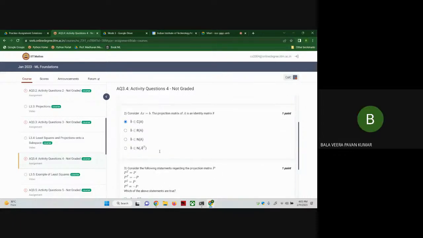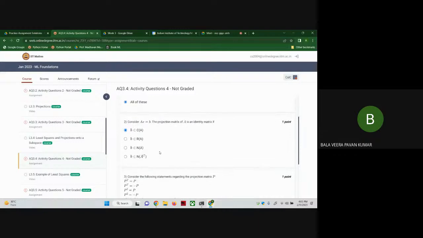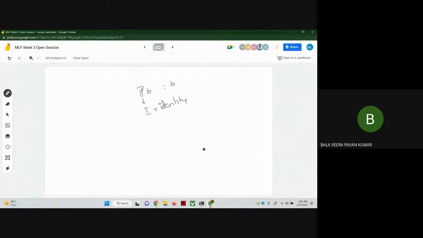When A transpose A is equal to A into A transpose, then this identity matrix will come. Then only this identity will come. I don't follow you.